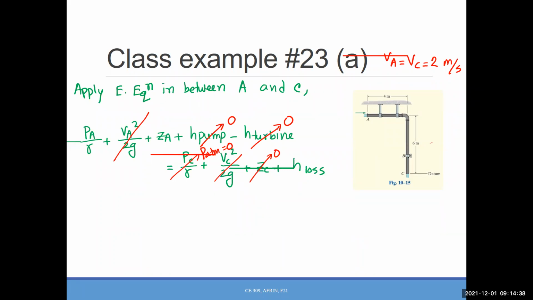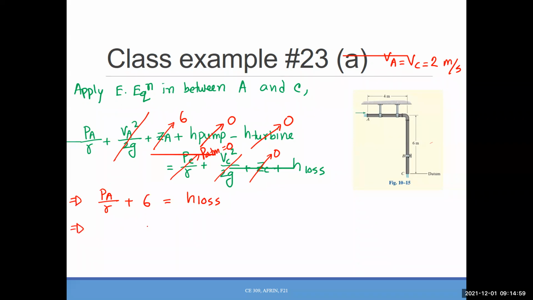And what about Z_A? So it's 6. That means finally we have P_A over gamma plus 6 equals head loss, right? That's what we have here.